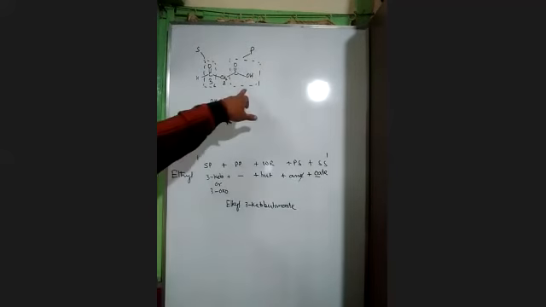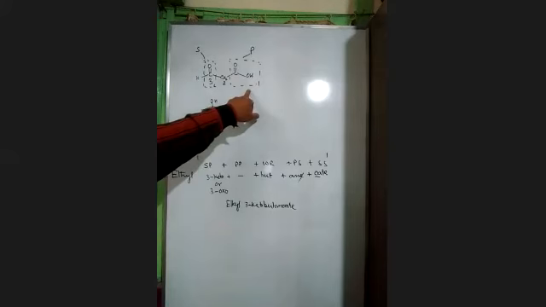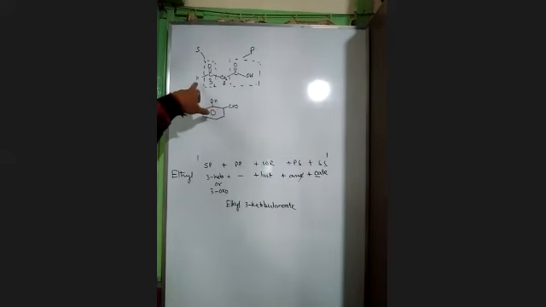What is the name of this functional group? Tell me. Carboxyl. Carboxylic acid. What is the name of this functional group? Ketone. Aldehyde. Yes, it is aldehyde. So what was the name? Write correctly.